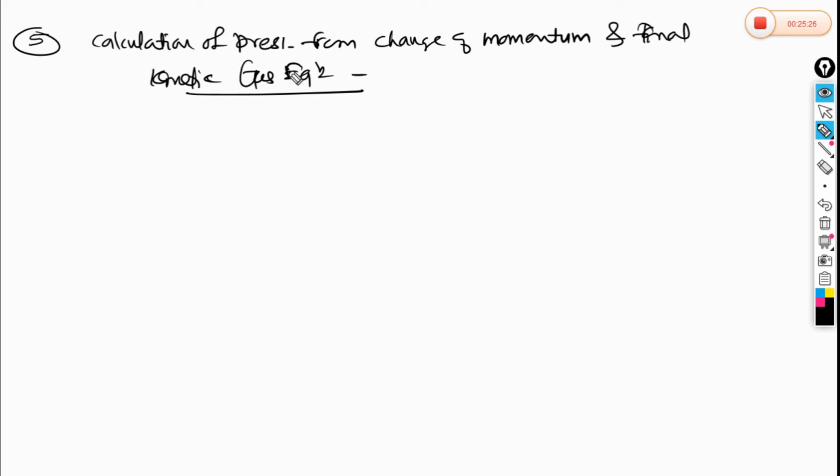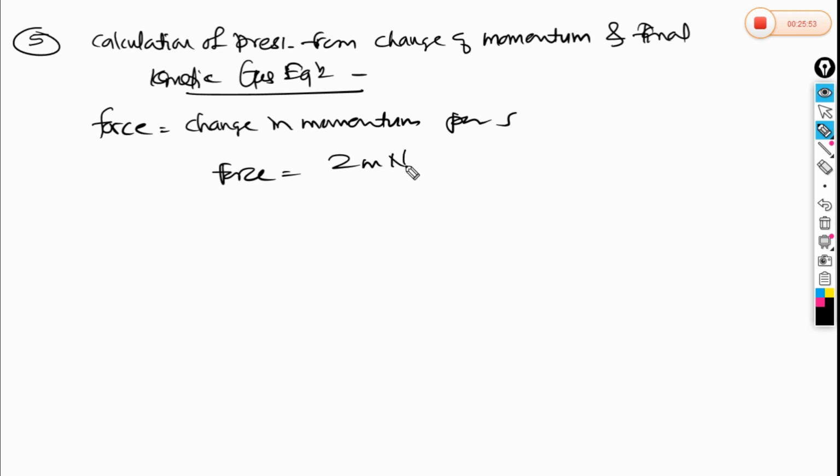Since force is nothing but the change in momentum per second, we can write force is equal to 2mn u square divided by L.